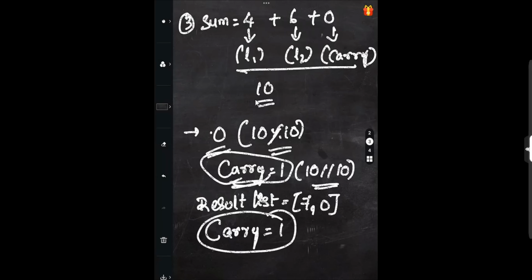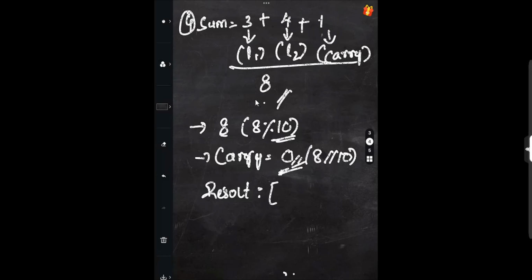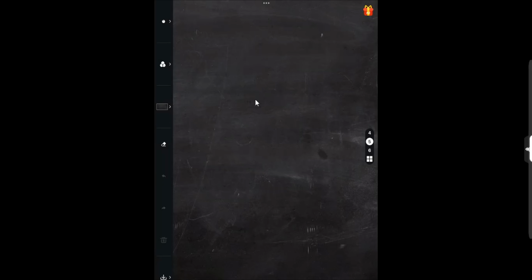So now we have the result. In the previous step it was 7 0, and finally in this step we got 8 here. It is 7 0 8, and carry in this step we are considering 0, right? Carry is 0, and we have to handle the remaining carry as well at the final step.